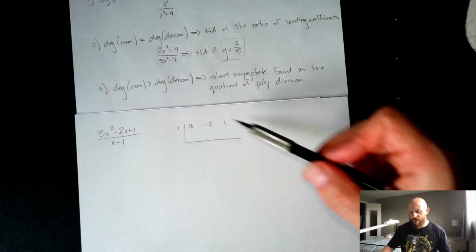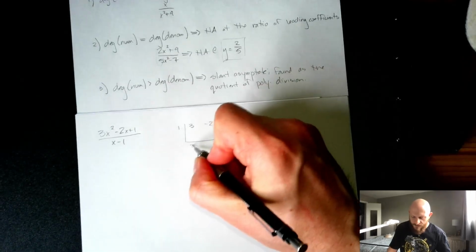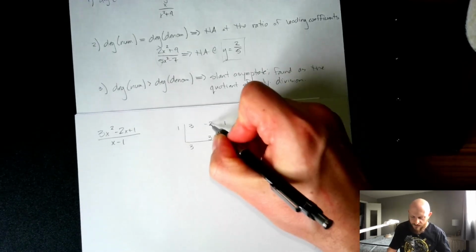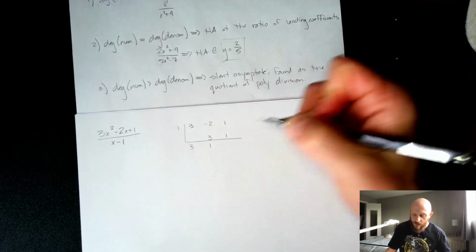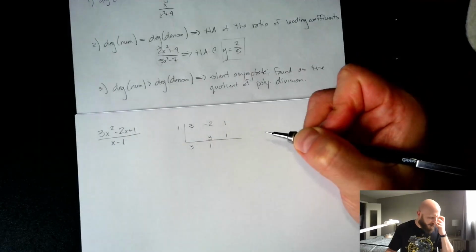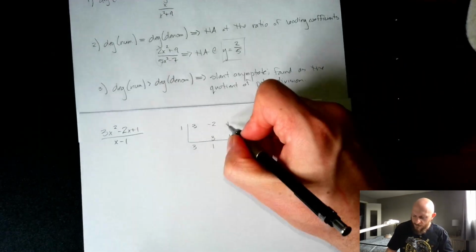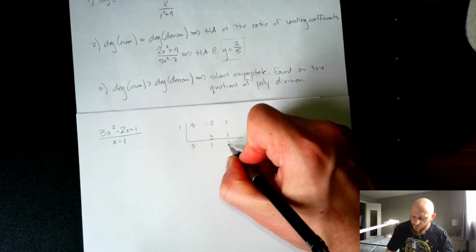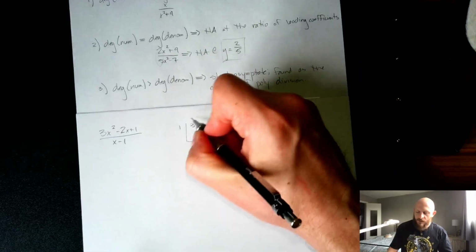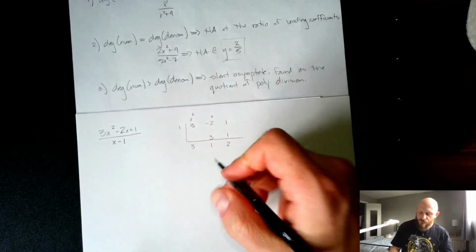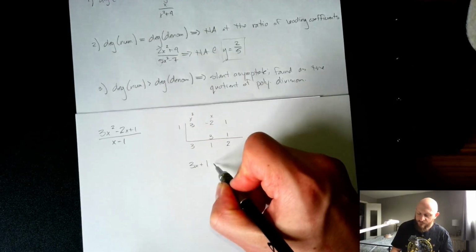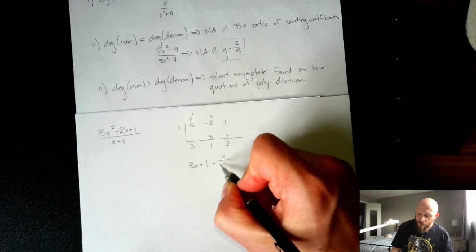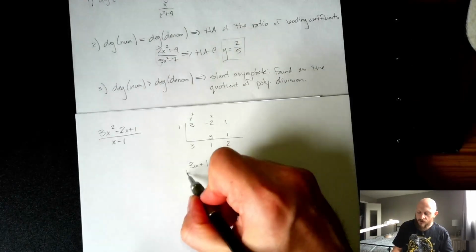So here I've got everything all set up. Bring down the 3. 1 times 3 is 3. Negative 2 plus 3 is 1. 1 times 1 is 1. Oh, no, sorry, it becomes 2 because we're adding. And this was an x squared term, this is x, which means the quotient is 3x plus 1, and the result of the whole thing is 3x plus 1 plus 2 over x minus 1.